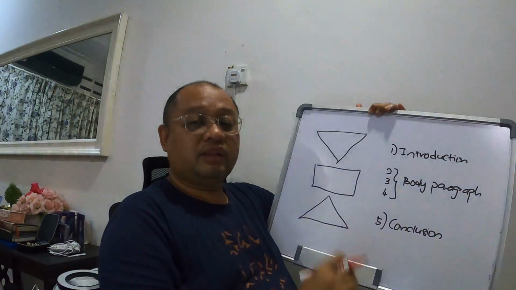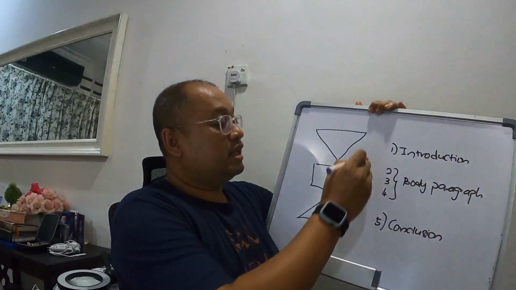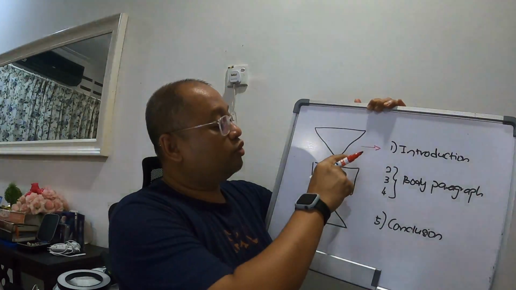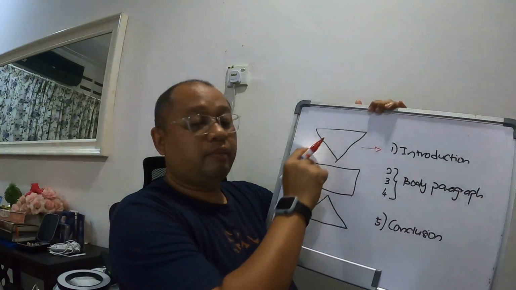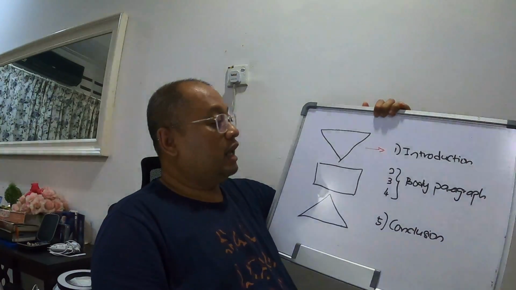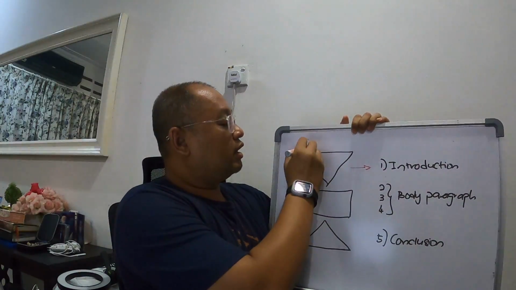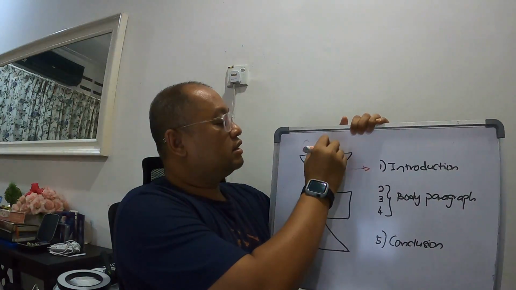What happened to the inverted pyramid here? This is for the introduction. Why is it in the form of an inverted pyramid? Because in the beginning of the writing, you have to come up with a general statement.